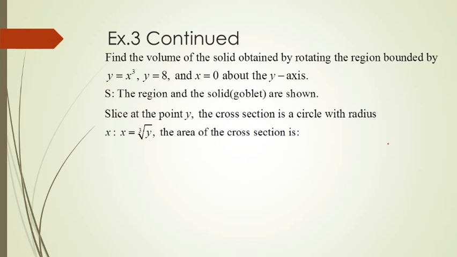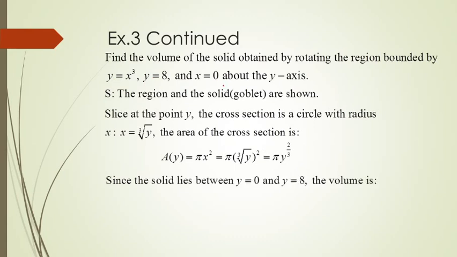But pi x squared, we should express in terms of y, so it will be pi y to the exponent 2/3, right? So we are going to integrate this function for y from 0 to 8. Since the solid lies between y equals 0 and y equals 8, we use y.